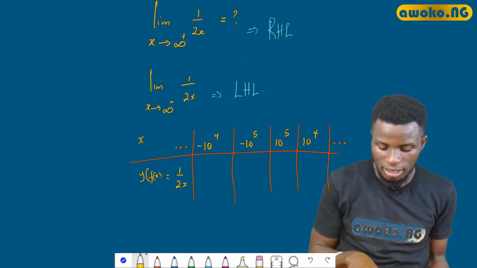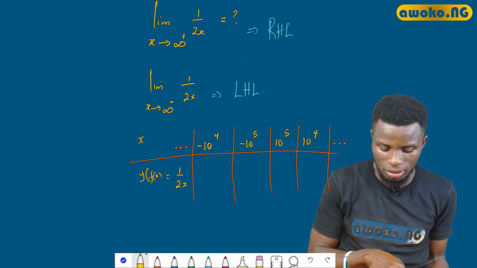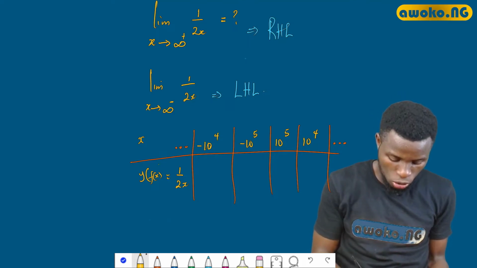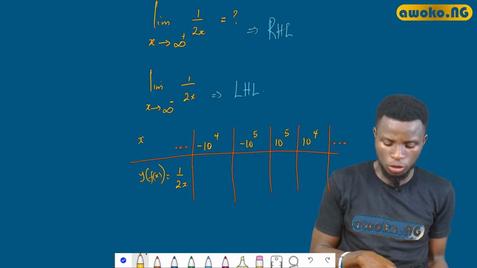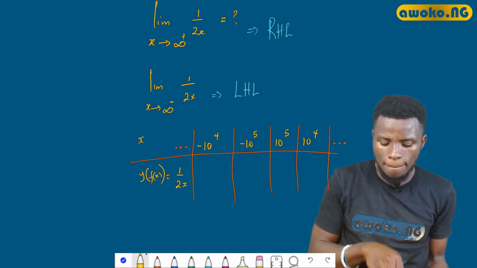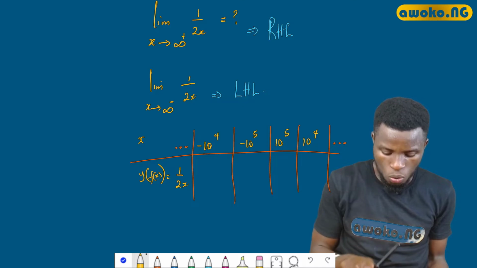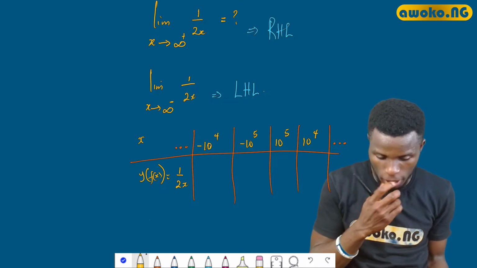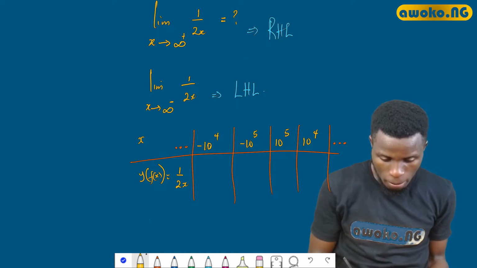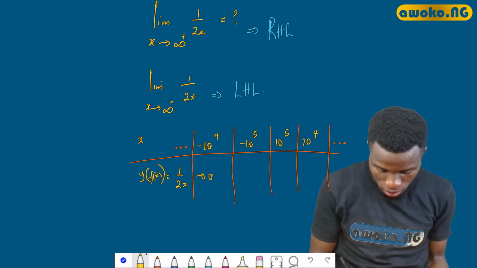So what then is the value of our f of x? Simply, what we are asked to do is to substitute the value of x into this particular function. So when x is equal to minus 10 raised to power 4, what is the value of f of x? If you punch your calculator, you have that this is minus 0.00005.